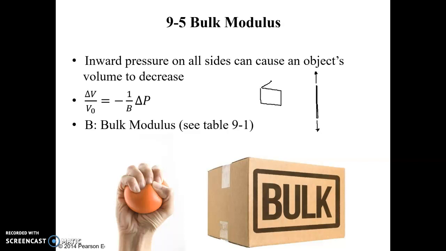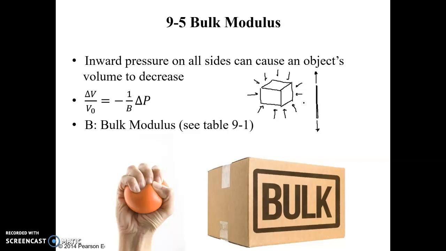If you had a balloon or a box filled with air or some other compressible gas, and we pressurized it and made it go in all directions, we could reduce its volume. So it wouldn't just be a matter of changing its shape in one direction. We're not just making it shorter or thinner. We're just going to make it smaller in 3 dimensions by compressing it.